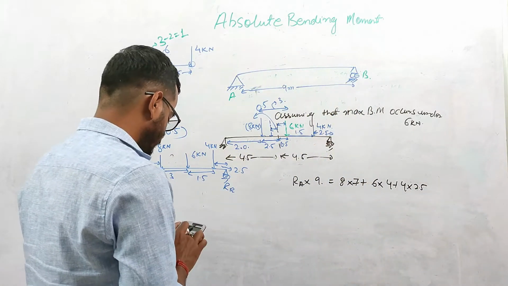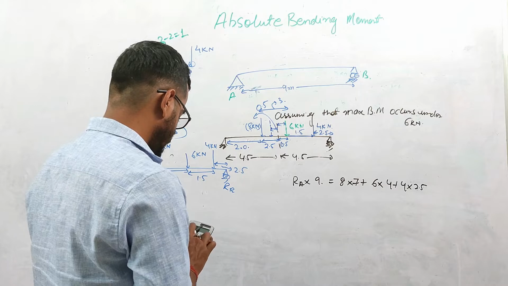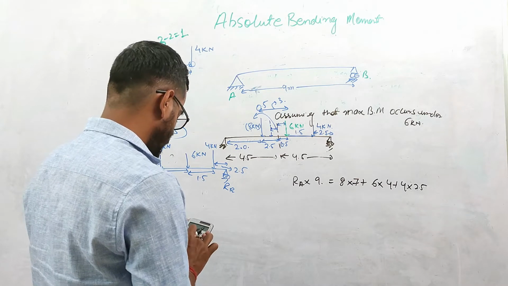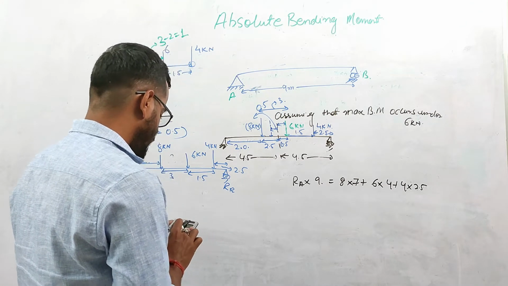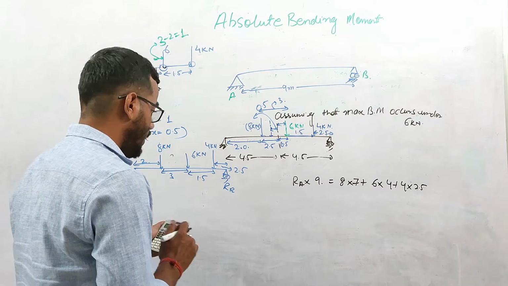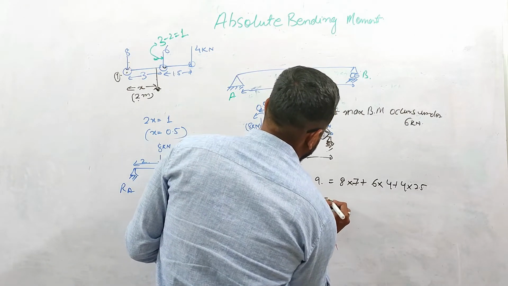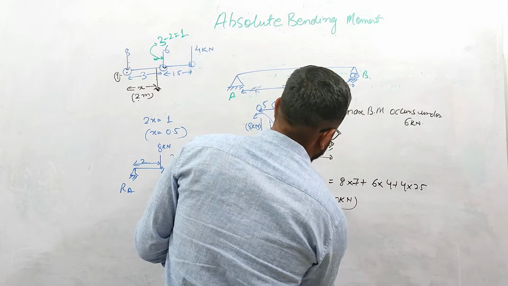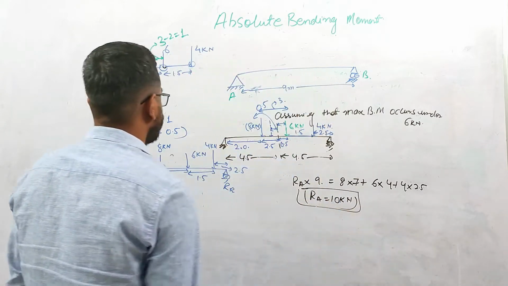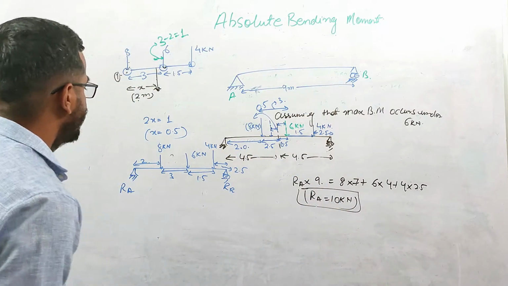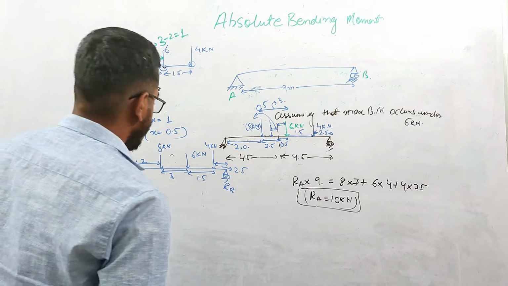So 8 into 7 plus 6 into 4 plus 4 into 2.5 divided by 9. So RA comes out to be 10 kilonewton, right?